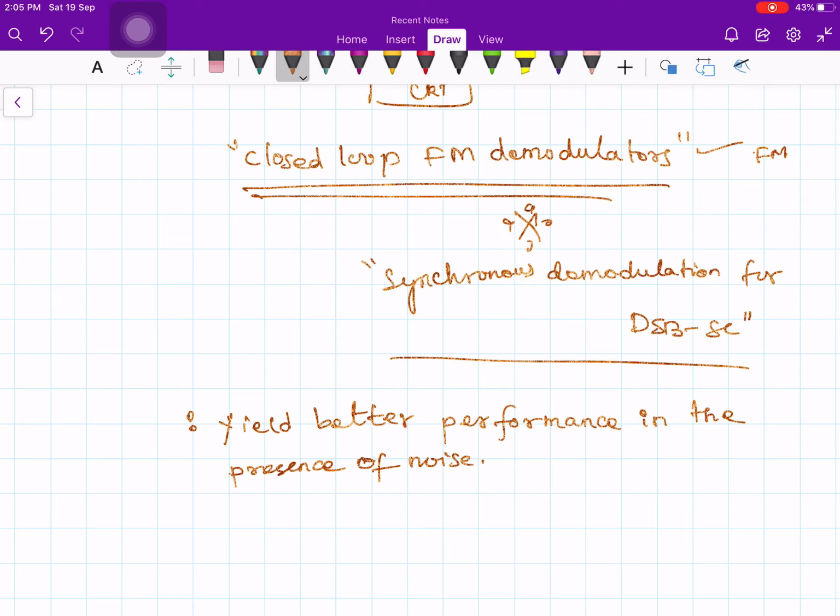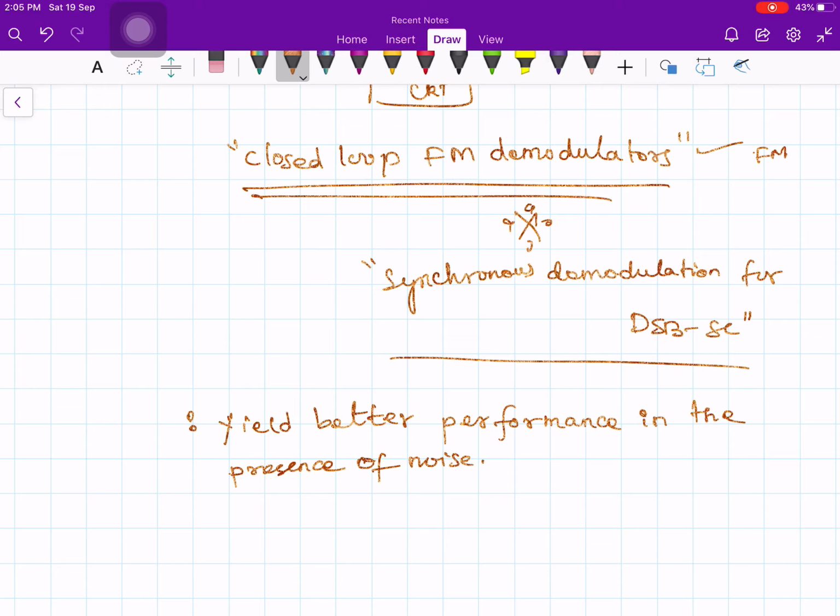It also has certain disadvantages, which we will discuss a little later. One disadvantage is bandwidth. It uses much larger bandwidth, so the bandwidth of an FM signal is much higher than the bandwidth of an AM signal.